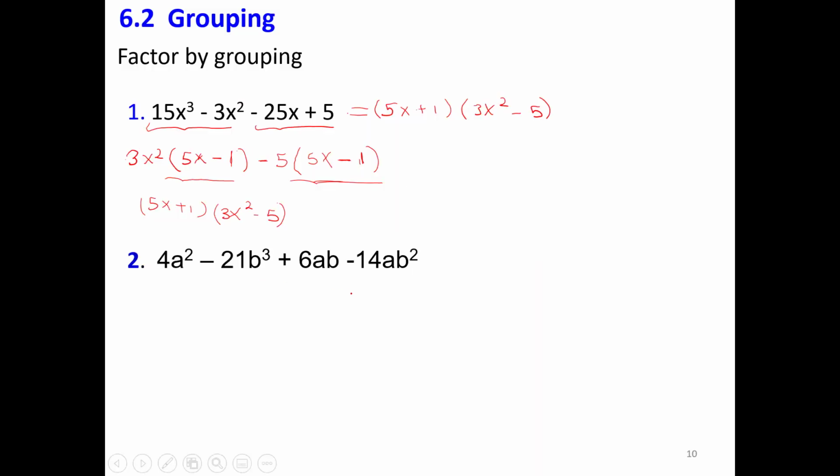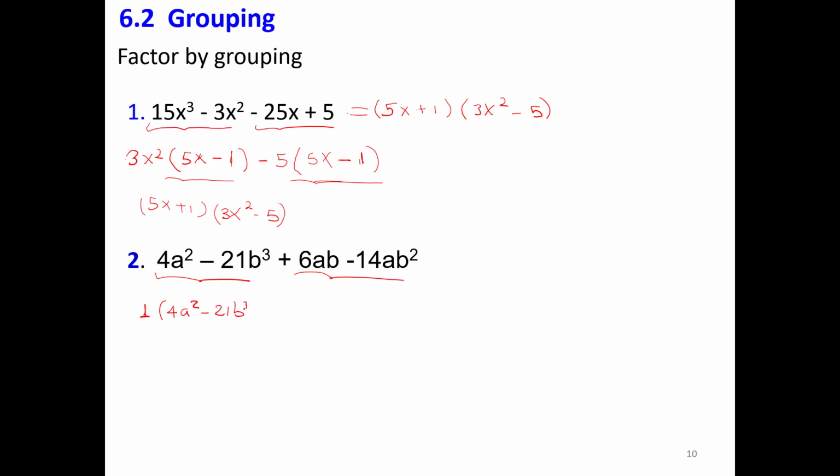Let's try to group to factor out the second problem. What we learned is we divide this one into groups, and we try to get the greatest common factor for this one. For the numbers it will be 1, because 4 is not a factor of 21, so the greatest common factor is 1 and you will have 4.